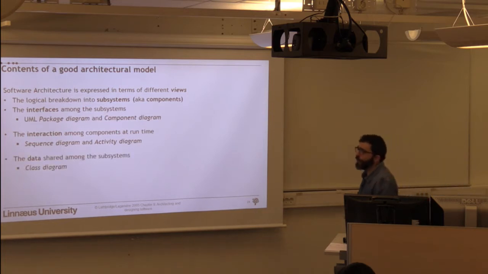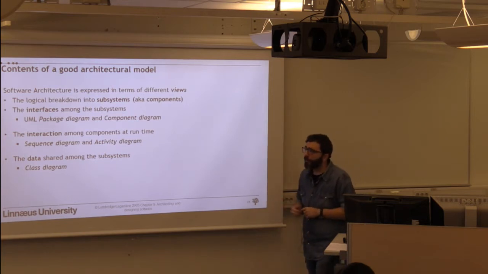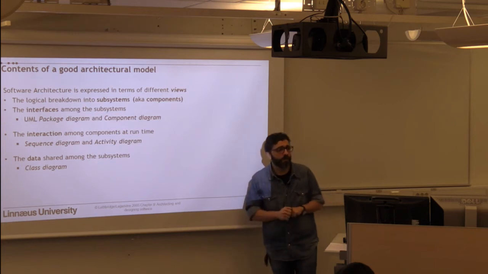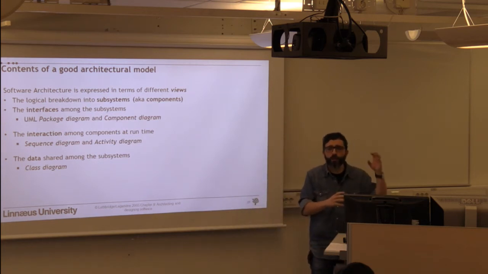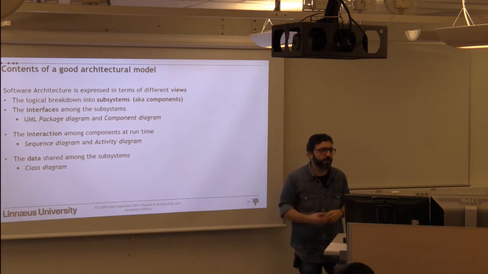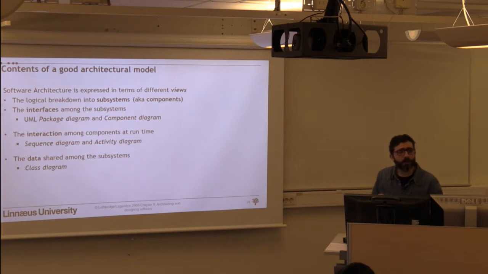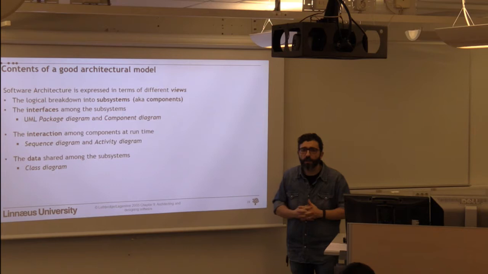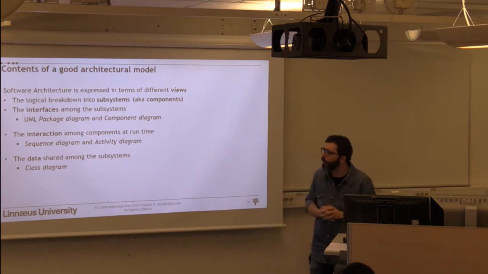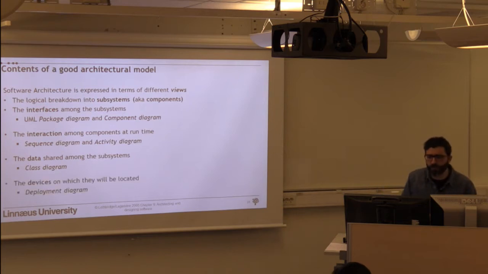Then we're going to use UML class diagrams for representing the data which is shared among the different subsystems. For example, you have to send information about a user from one subsystem to another subsystem. Then you can define this user data by means of a class where you can put all the different attributes included in the data definition. And finally, the deployment.